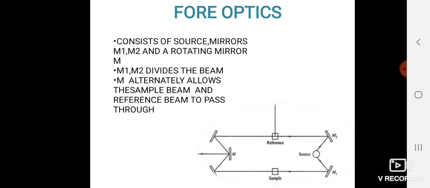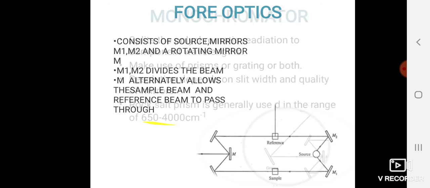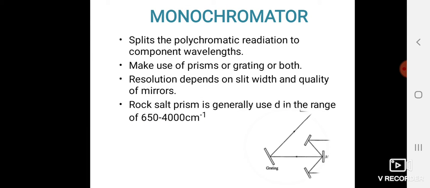Then other alternating mirrors allow the radiation to pass through the sample as well as the reference. Later, other mirrors simultaneously focus the radiation onto the monochromators.